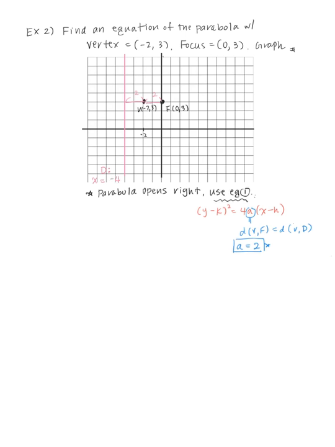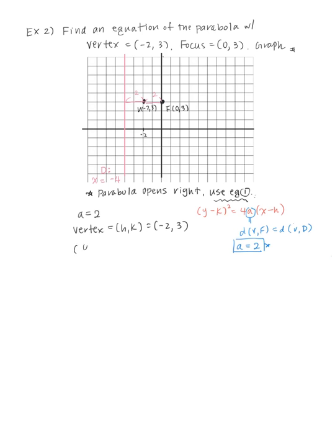Alright, now let's write down what we got. We already got a equals 2 and the vertex. The formula for that is always h, k, but that was given to us, negative 2, 3. So our h is negative 2 and k is 3. Now let's plug these values into our equation.